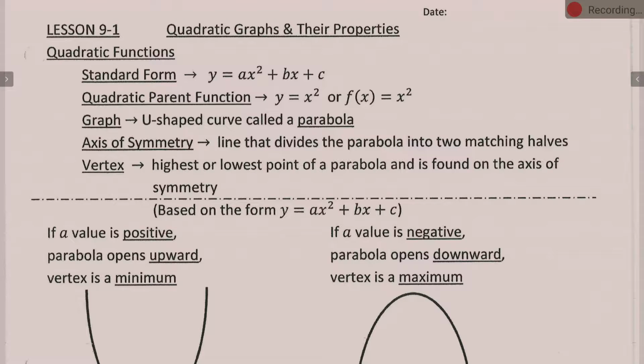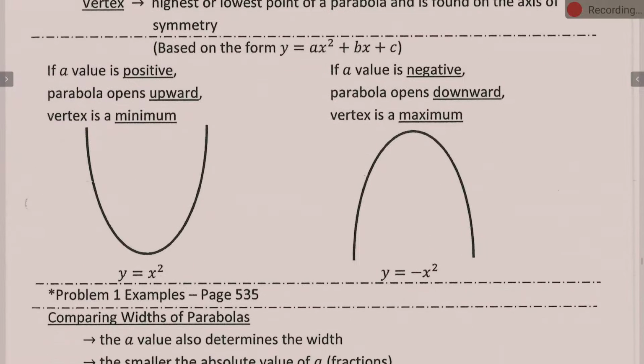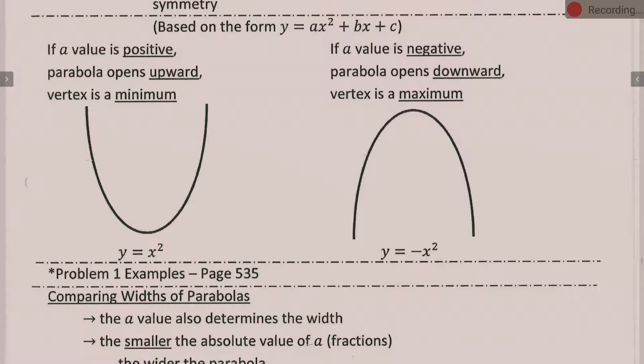I'm going to scroll this page up a little bit. And then look at this. Okay, so based on this right here, as we look at this parabola, and I'm going to put my arrows on just because it's bugging me, a parabola is that U shape that keeps going up and up and up. If A is positive, if the x squared term is a positive term, then that parabola is going to open upwards like this.